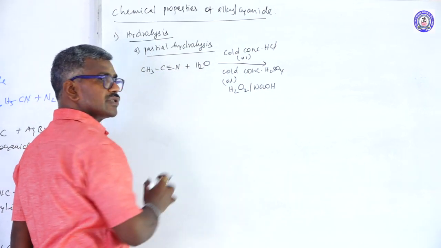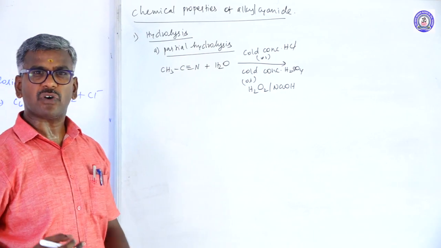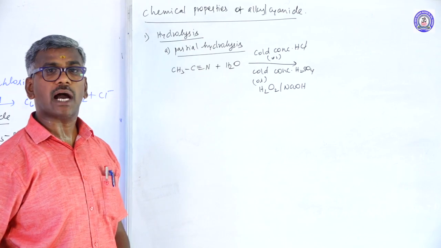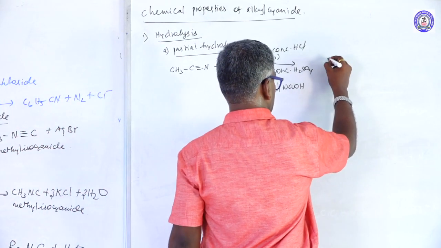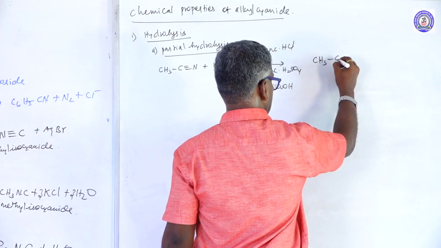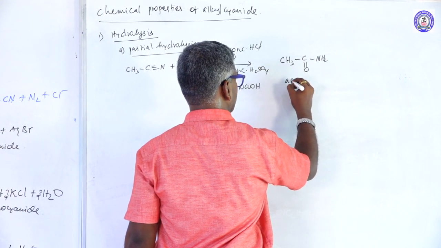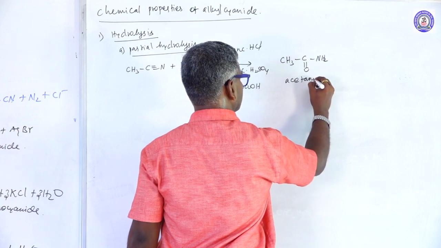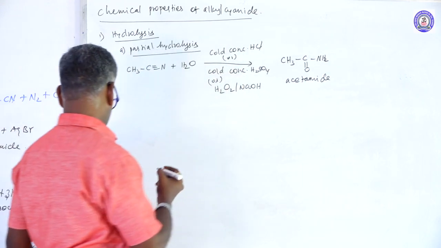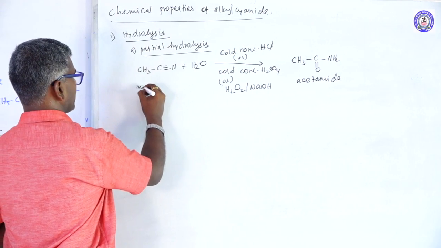This catalyst is used for formation at the stage of amide. That is, CH3C(=O)NH2. This is named acetamide. The starting compound is named methyl cyanide.